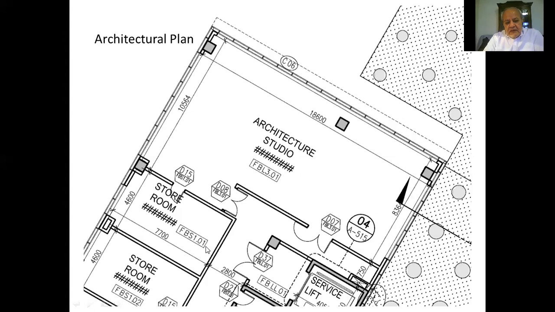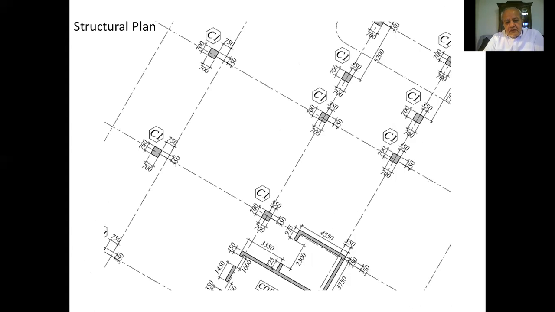Then we take this plan and start to divide it into separate plans. The first plan is a separate structural plan. This plan will be needed by the structural engineer to start calculating the loads, designing the beams, designing the foundations.